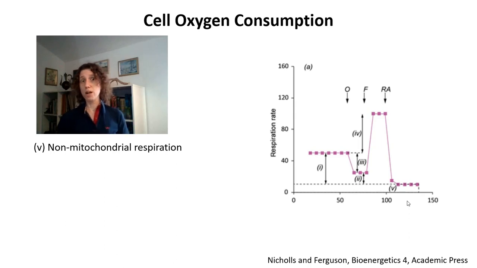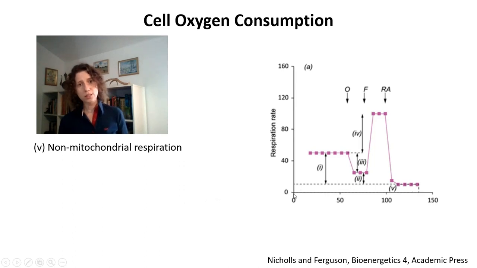This might be peroxisomes, it might be NADPH oxidases, it might be any source of enzymatic activity that consumes oxygen within a cell. But if you're looking at mitochondrial bioenergetics, typically you're going to subtract this value from all the other values in your trace, because this is non-mitochondrial oxygen consumption.